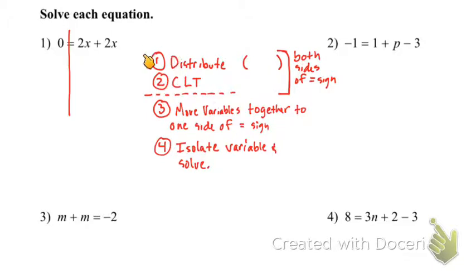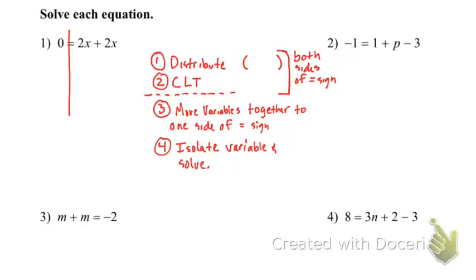But now we're going to do 1 and 2 again for the right side of the equal sign and ask the same questions. On the right side, do I have the distributive property? In other words, do I have parentheses? And the answer is no. So then go into step 2. Do I have combining like terms? If you look on the right side, you actually have like terms.